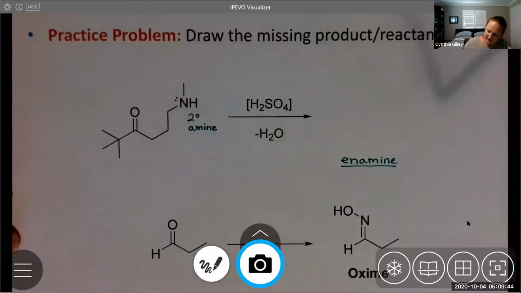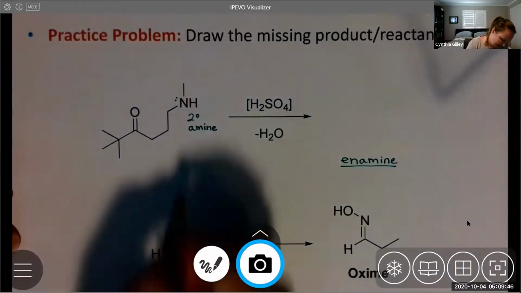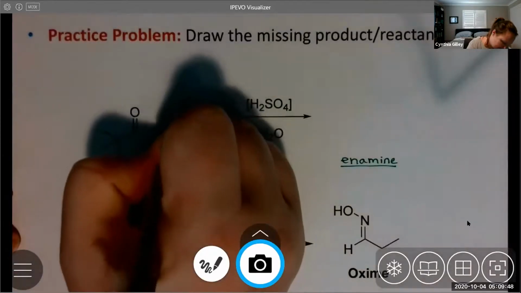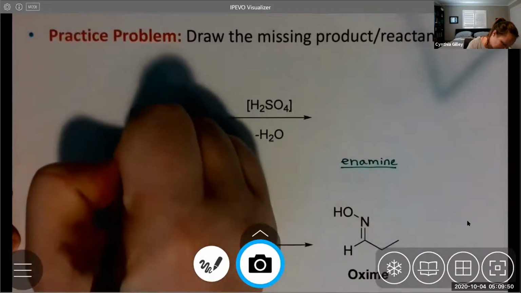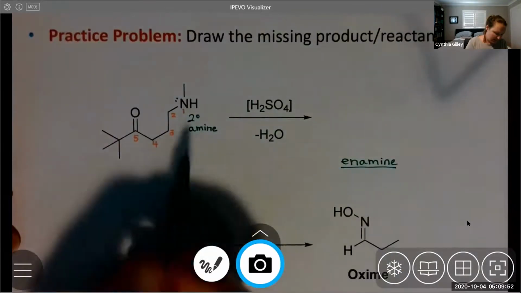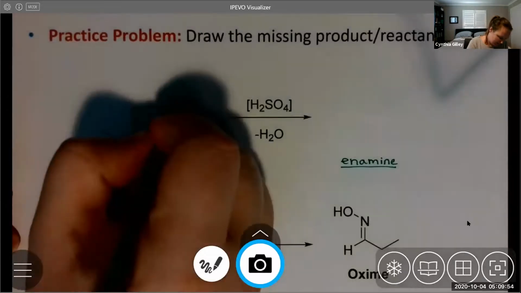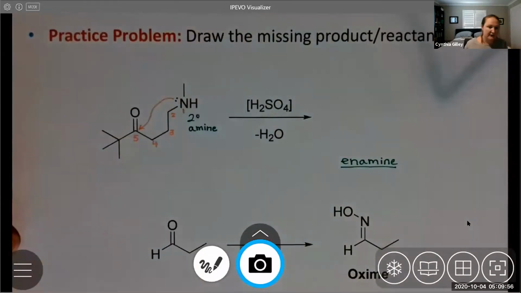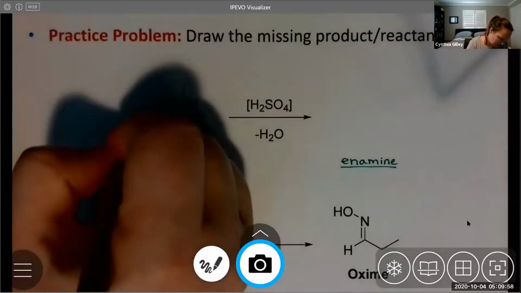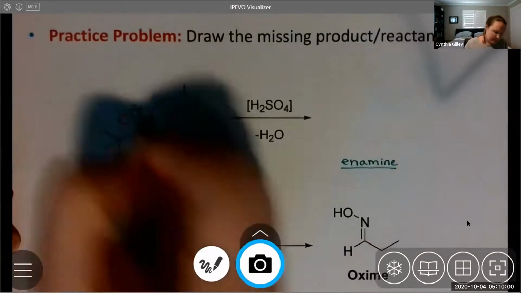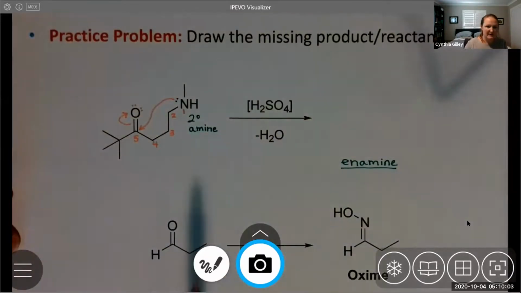So I'm going to think about the ring size, right, by counting from the nitrogen to the carbonyl carbon, because that's where the nucleophilic attack is going to happen, right? The first step is nucleophilic attack on that carbon. Okay, so I know that I'm going to be forming this 5-membered ring, right, with the nitrogen atom in the ring.